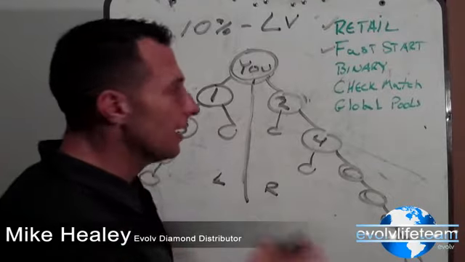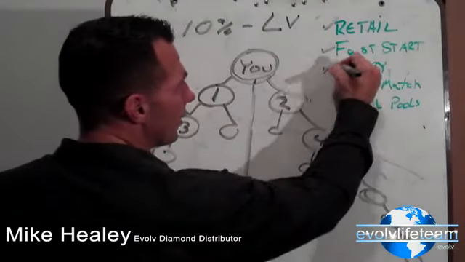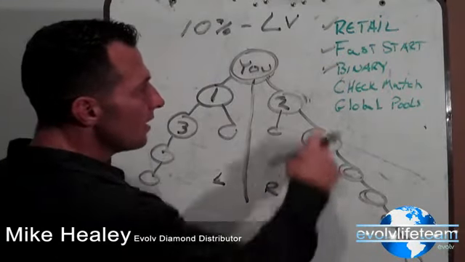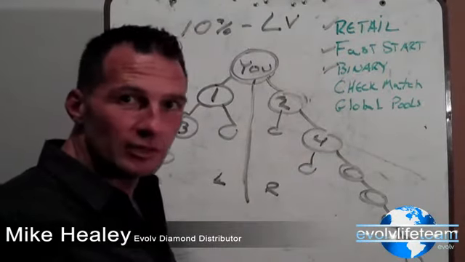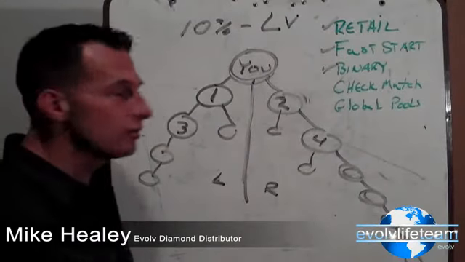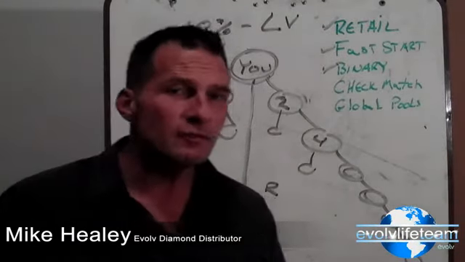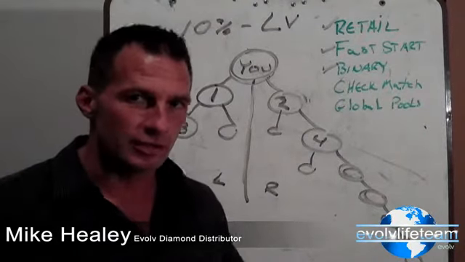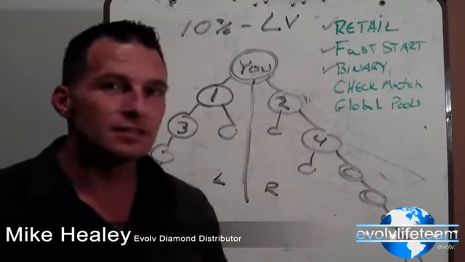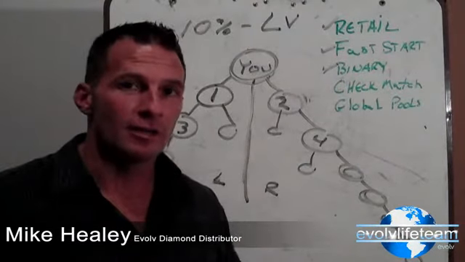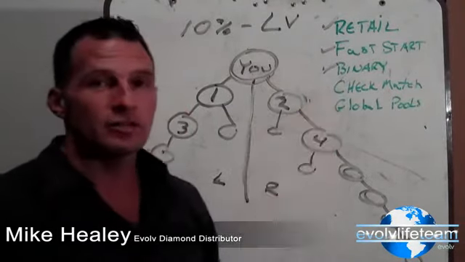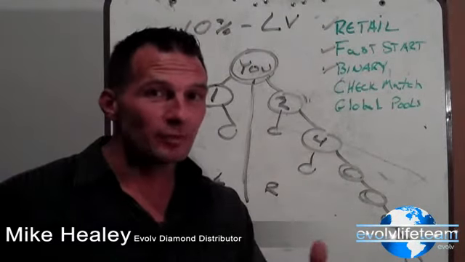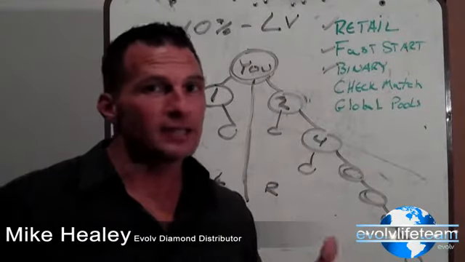But the cool part, and I'm going to move to part 2 or 3 or whatever, because the binary was the 10% lesser leg, I think you get that. My favorite part of our comp plan is what they call the check match. Because to me, if you do this right and you're on the team system, learning the skills and building an organization, taking your time to do this, this is the money where 80% of your income in a few years will come from, because it is actually an override off all the people in your organization that are getting a binary check.